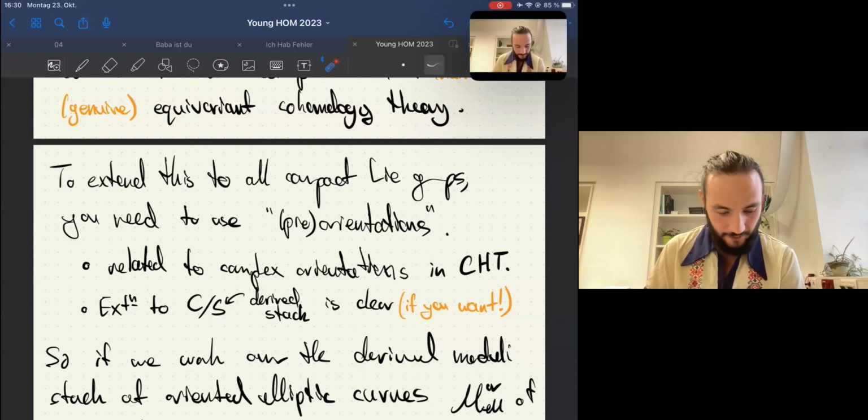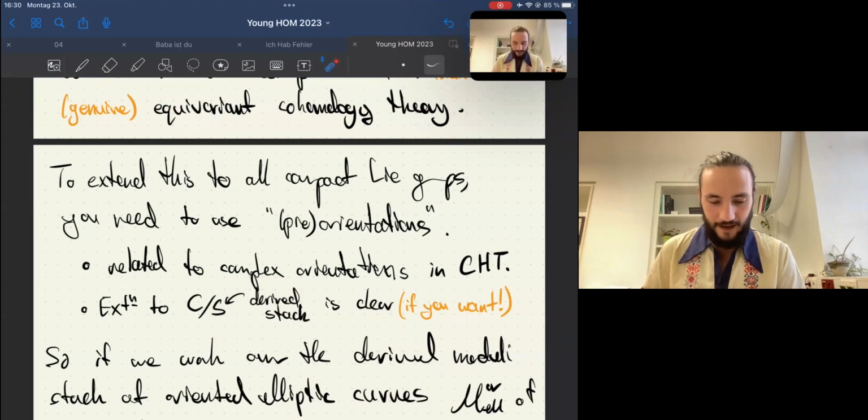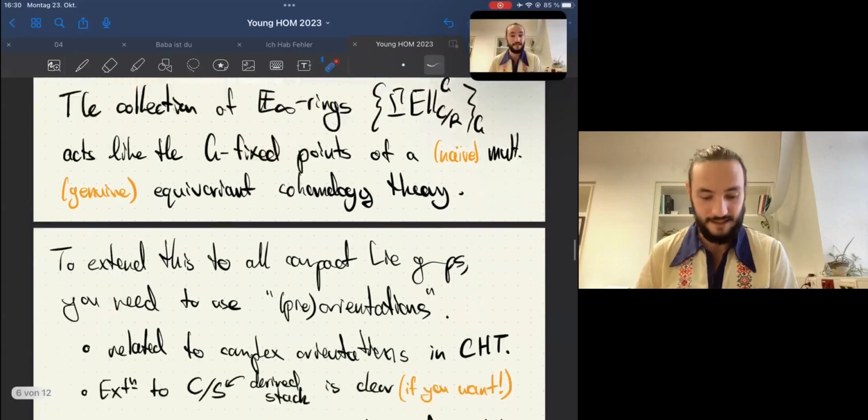Another thing I wanted to super quickly mention is that if you know what a derived scheme or a derived stack is, then you know how to define these sorts of E-infinity rings here, replacing this R with some scheme or some stack.